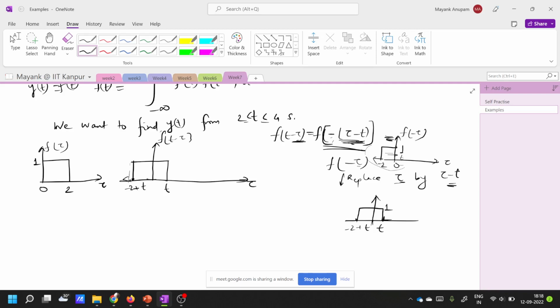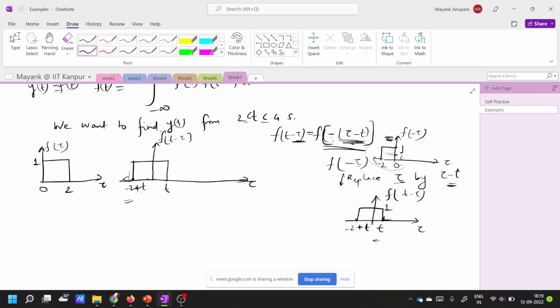So minus 2 will be shifted to the right by t, which means you have to add t to minus 2. Similarly, 0 will be shifted to 0 plus t, which is equal to t. Now it is understood, right? Okay, fine. So this is your f of t minus tau.